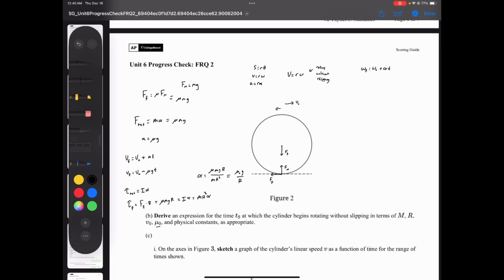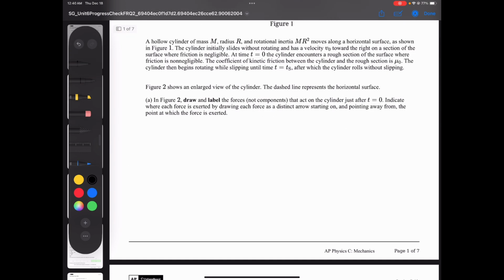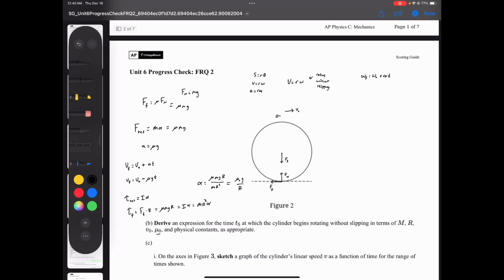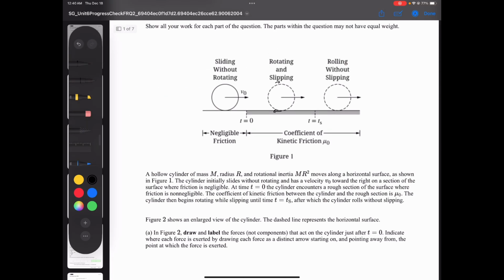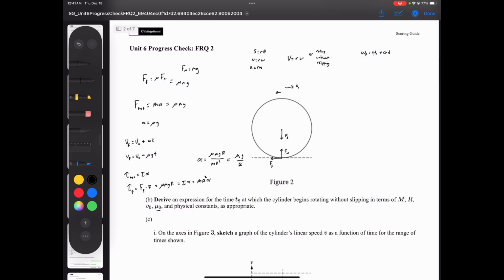This time, I can define clockwise rotation as positive, so I'm going to consider this angular acceleration to be a positive value. At t equals 0, omega naught is 0, so it's not rotating before t equals 0. Right at t equals 0 is when it begins to pick up some rotational velocity, so omega naught is equal to 0.